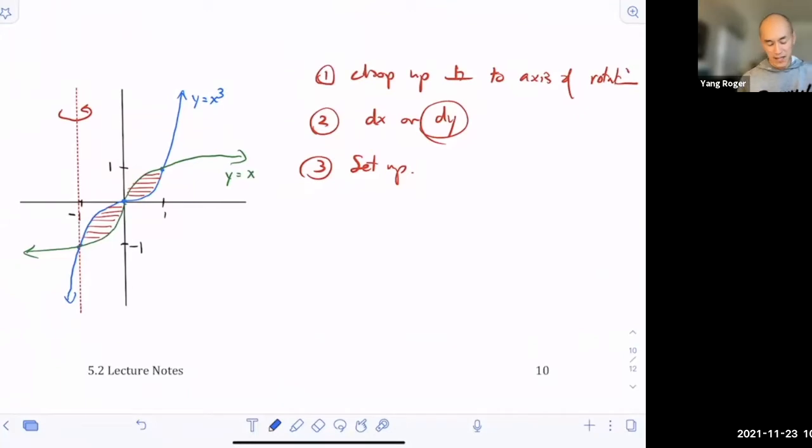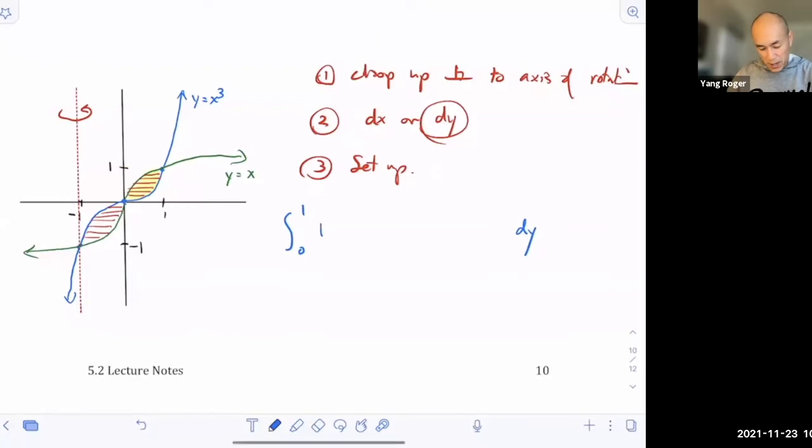I think that'll become clearer when we do it. But I'm going to look at the yellow piece again first. For this piece right here, we're going to go from 0 to 1 because in that yellow region, the smallest y value we have is 0, and the biggest y value we have is 1. I had assumed that you realized that it was a dy integral.